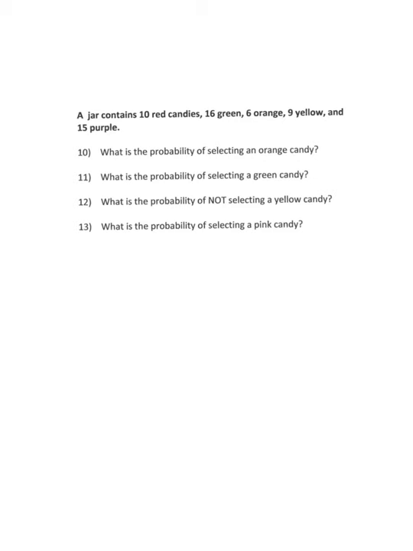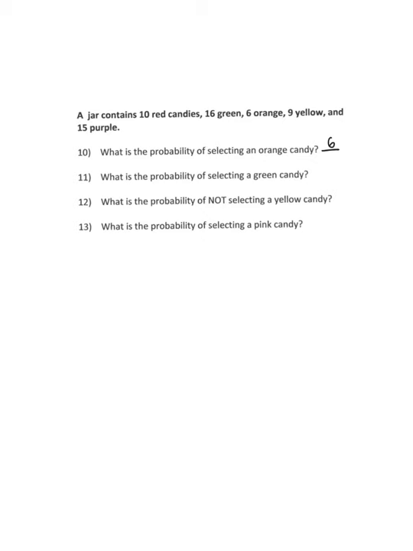Looking at another example, this one says we have a jar with 10 red candies, 16 green, 6 orange, 9 yellow, and 15 purple. And number 10 is asking, what is the probability of selecting an orange candy? Well, if I have 6 orange candies, that's how many possible I have. In order to find my total, I need to add up all of the candies that are in that jar.